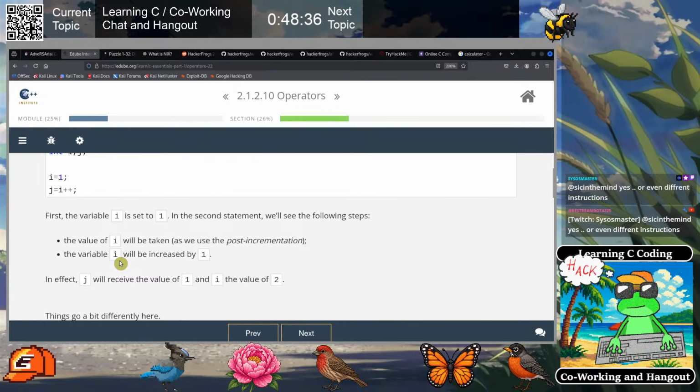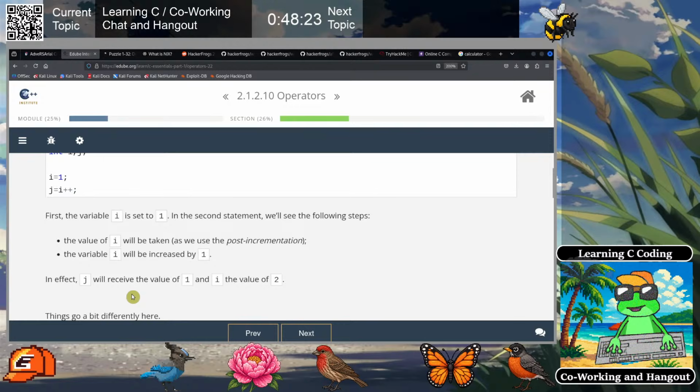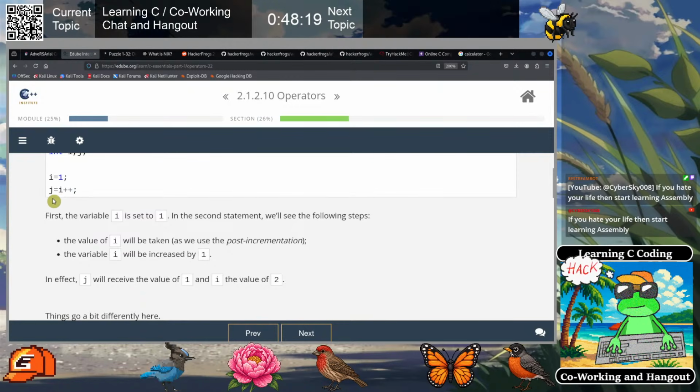The variable i will be increased by 1. In effect, j will receive the value of 1, and i the value of 2. Wait, j equals i before it's incremented, and i will be incremented by 1 and will become 2.